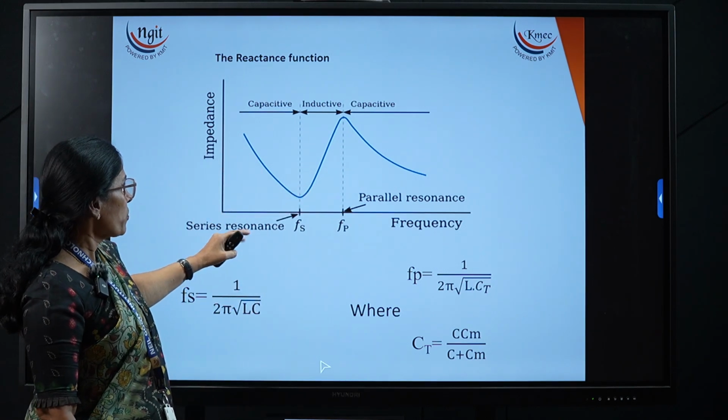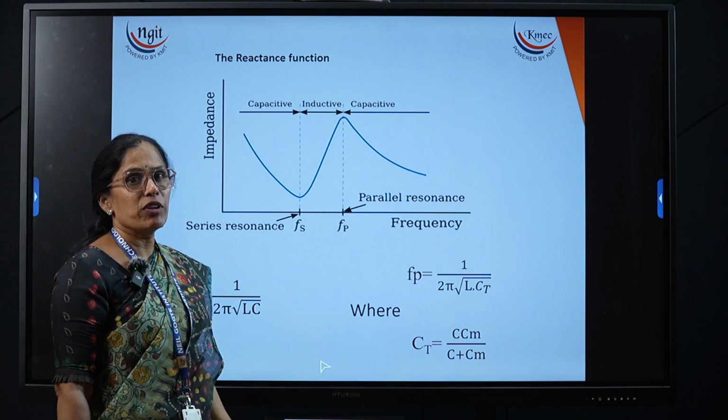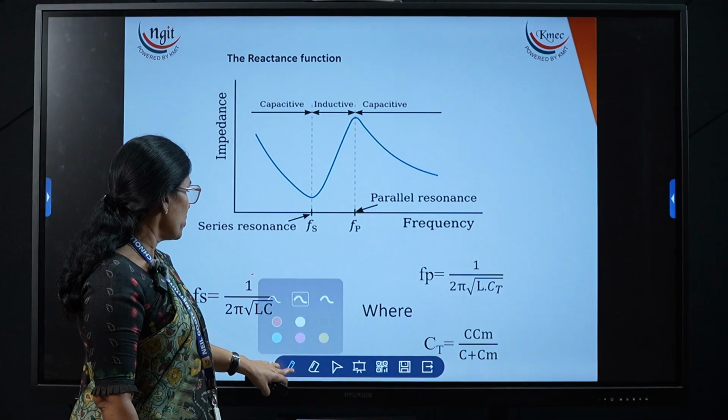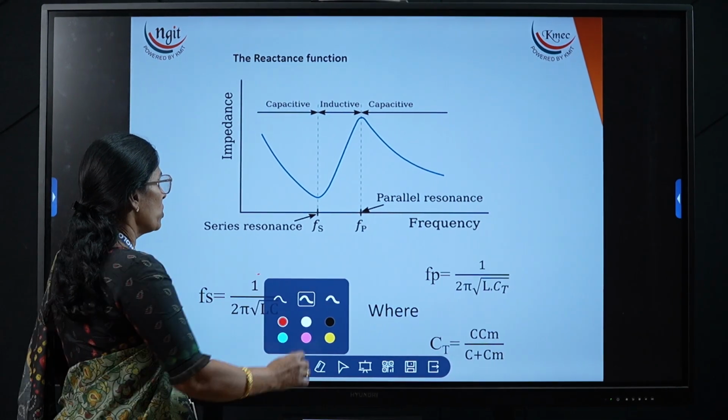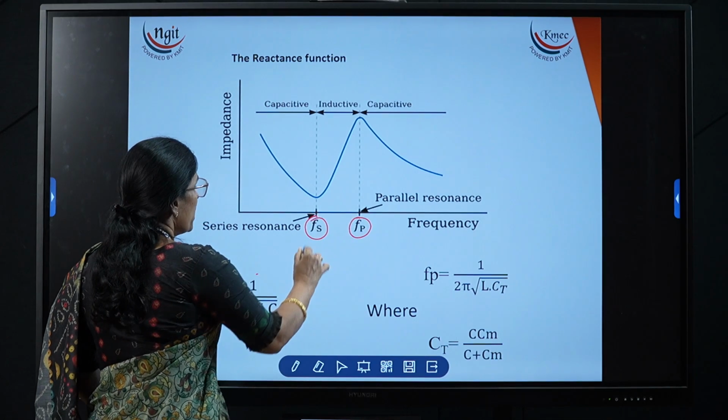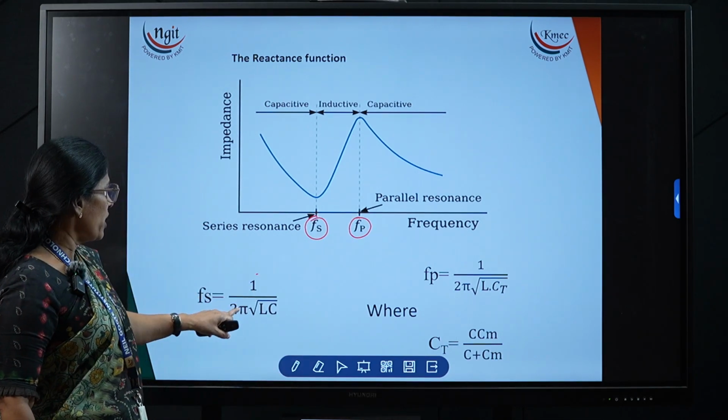Now if you see, the crystal has two different resonant frequencies. One is the series resonant frequency and another is the parallel resonant frequency. The series resonant frequency is 1 divided by 2 pi root LC.